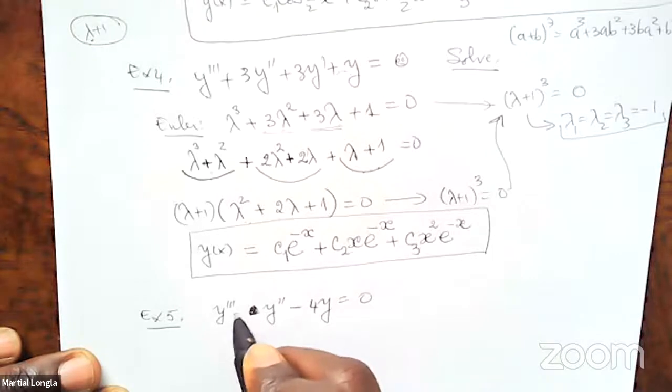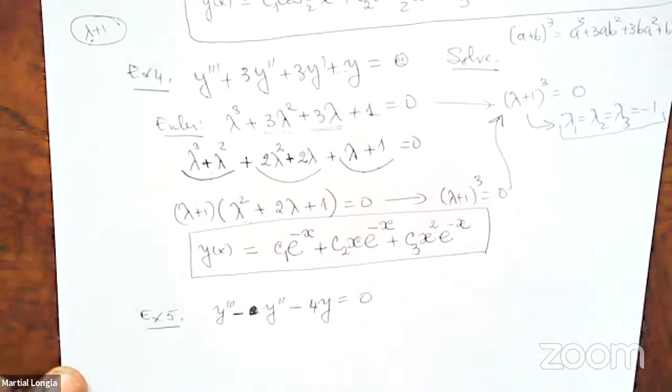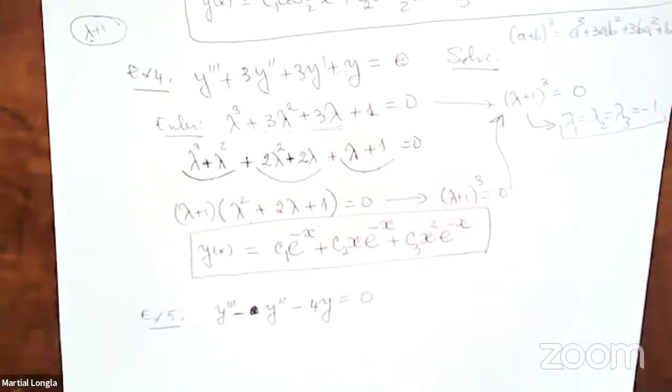So this is just minus the second derivative minus 4 times the function equals 0. Okay.